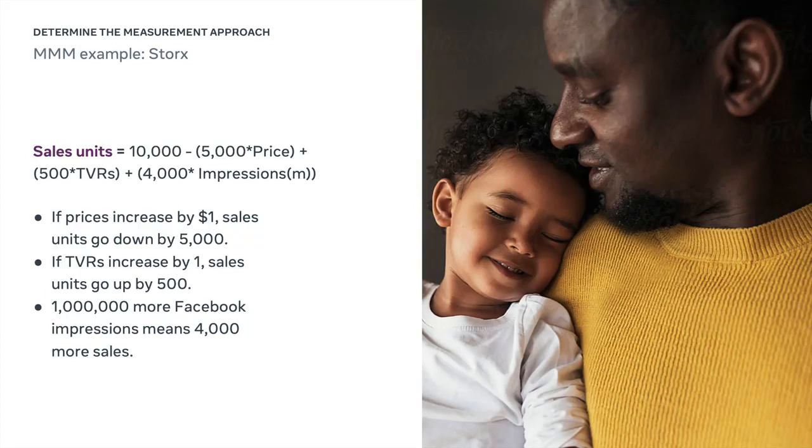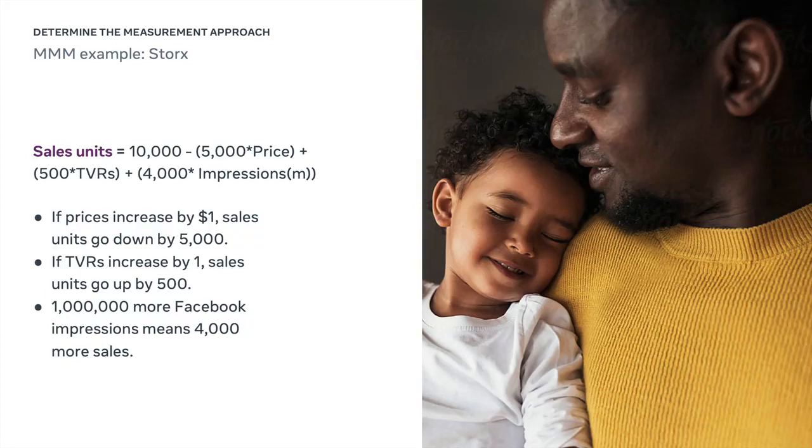Imagine that as the marketing team at Storks, a fictitious retailer, works on the budget, they'd like to estimate how sales units would look if they had three variables: price, TVRs, and Facebook advertising impressions. Based on data from last year, they create a marketing mix model. Their baseline sales is 10,000.